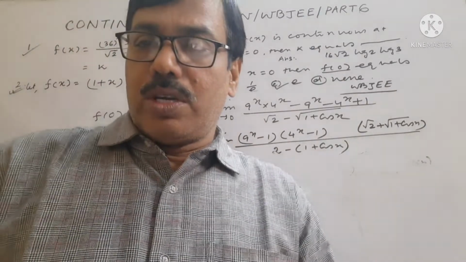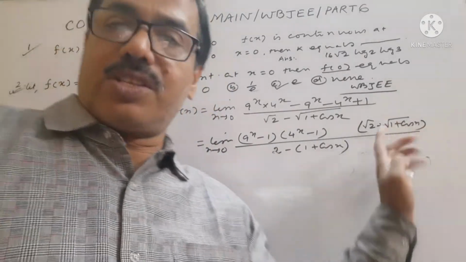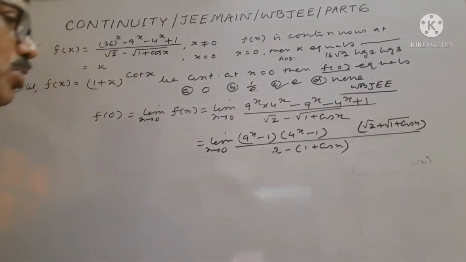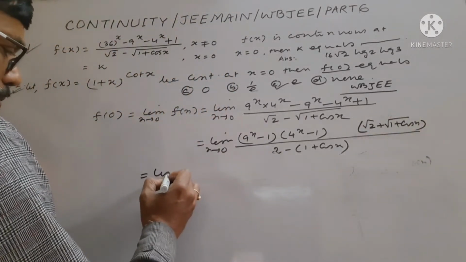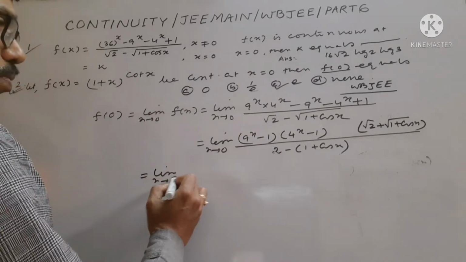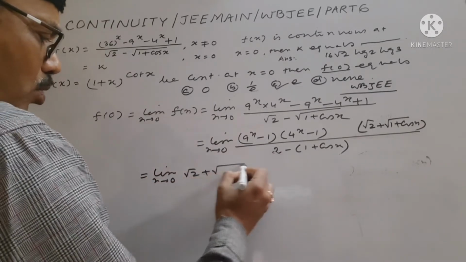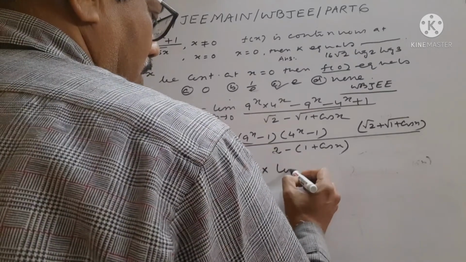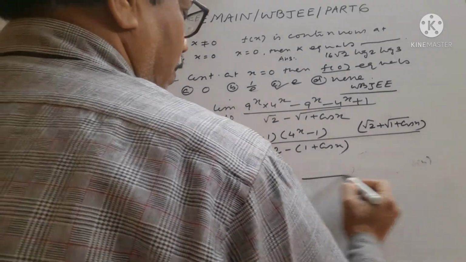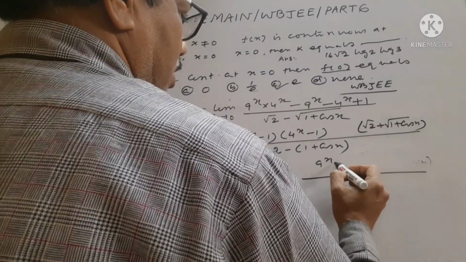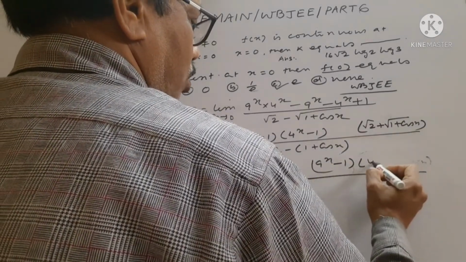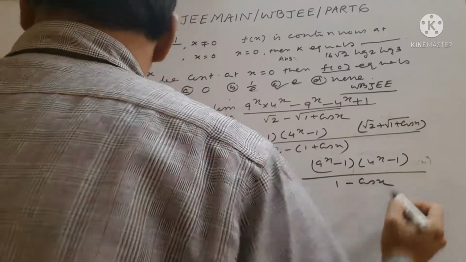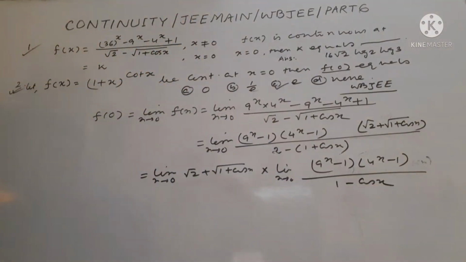Now we know the rationalizing factor creates no problem, so you can put x equals 0. So limit x tends to 0 of root 2 plus root 1 plus cos x, and limit x tends to 0 of (9 to the power x minus 1)(4 to the power x minus 1) over (1 minus cos x).